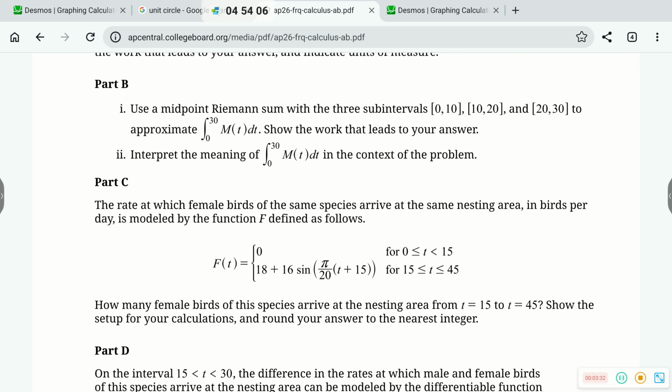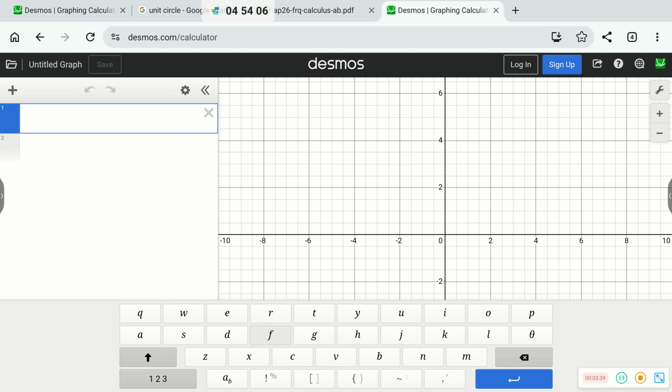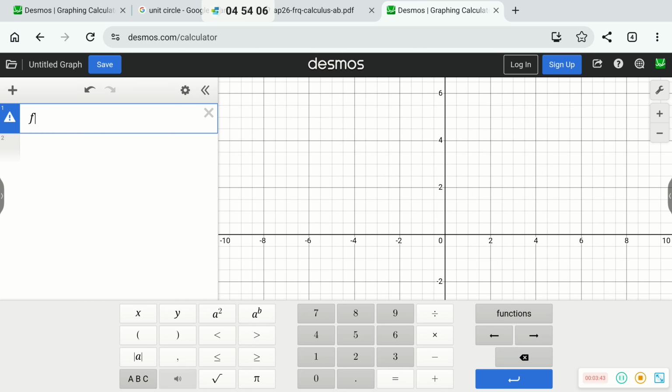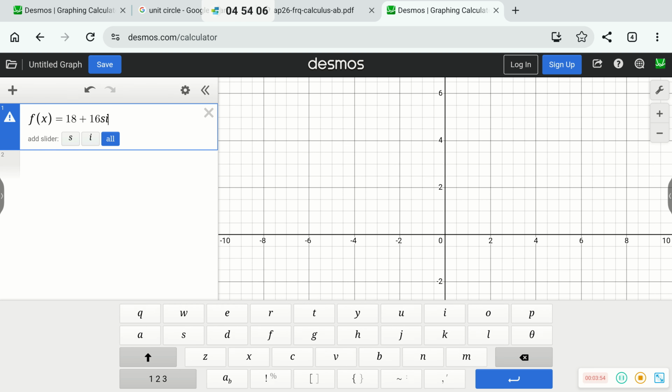But 15 to 45, they start arriving. So, for my reference, I'm going to say little f of x equals, I'm going by memory here, so it might be wrong, 18 plus 16, I think is what it said. If not, I'll fix it.